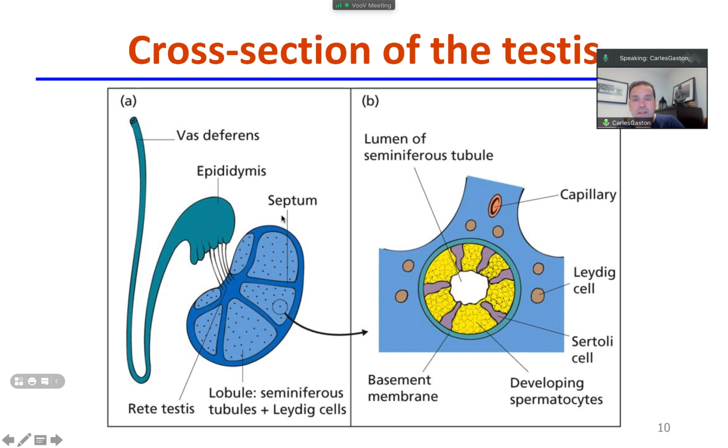So remember, there is the testicle, epididymis, vas deferens. But if we concentrate on this region here and amplify it, we go to B, okay? And what we find is a very classical structure which is formed between the basal membrane.